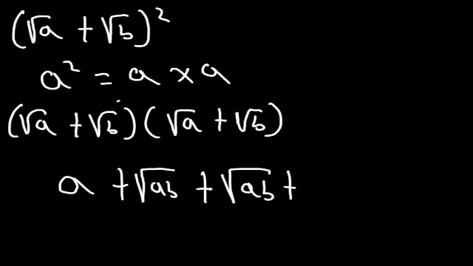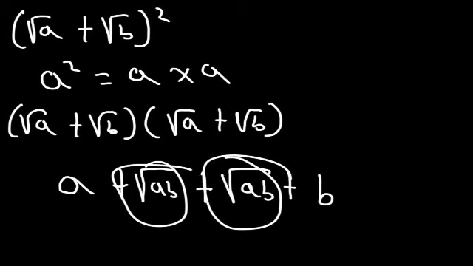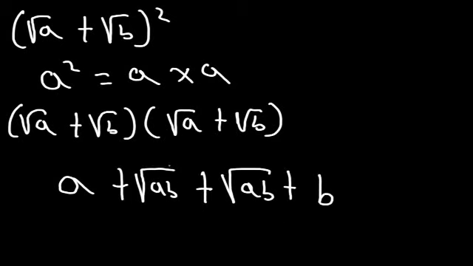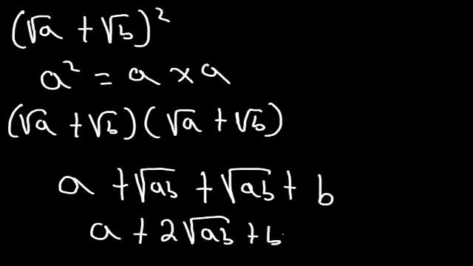And lastly, I should have square root of b multiplied by square root of b, and that should result in b. The fact that the root ab terms are like terms, I can combine them to keep the expression short. So this will become a plus 2 root ab plus b, and this is my final answer. So please take note of how it is being expanded.